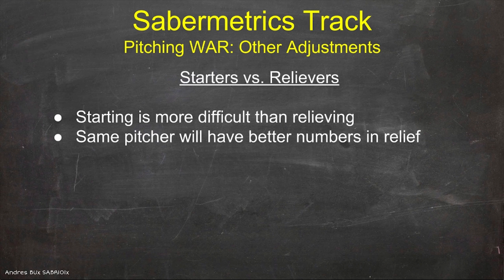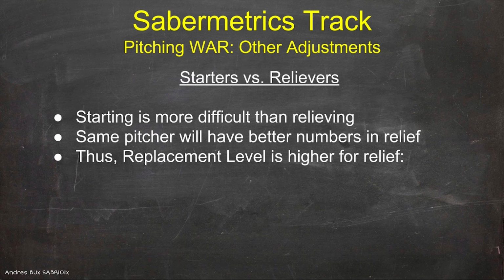You might have a different strategy as a relief pitcher in terms of maximizing effort, and a starter might be pitching to contact in many contexts. So, bottom line, the pitching numbers for relievers are better than the pitching numbers for starters.